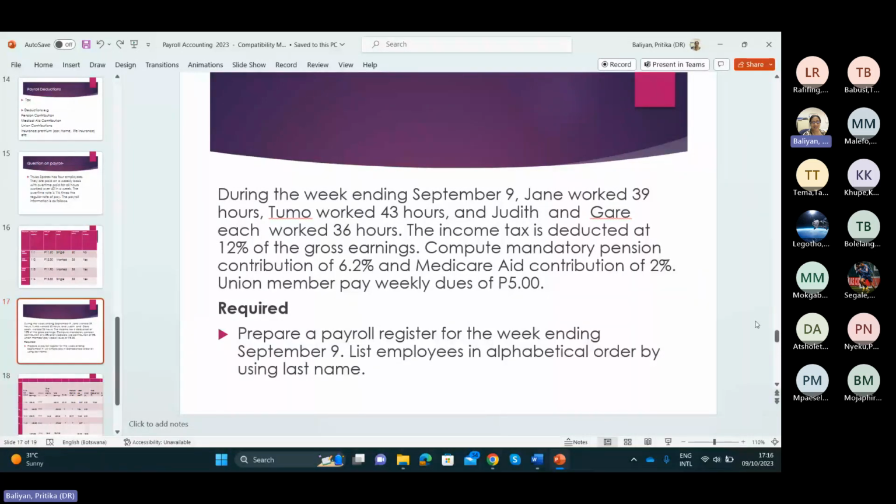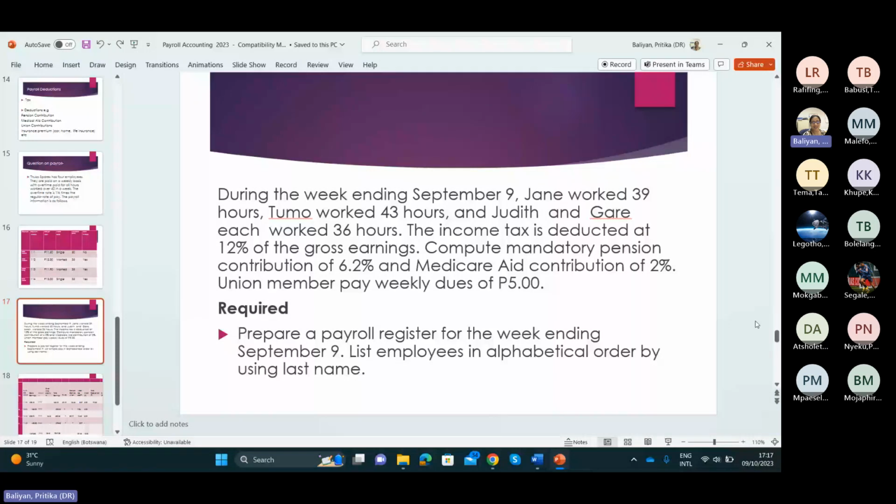We also need to compute mandatory pension contribution of 6.2%, Medicare contribution of 2%, and the union member fee paid weekly is 5 pula. Those who are union members pay 5 pula per week.